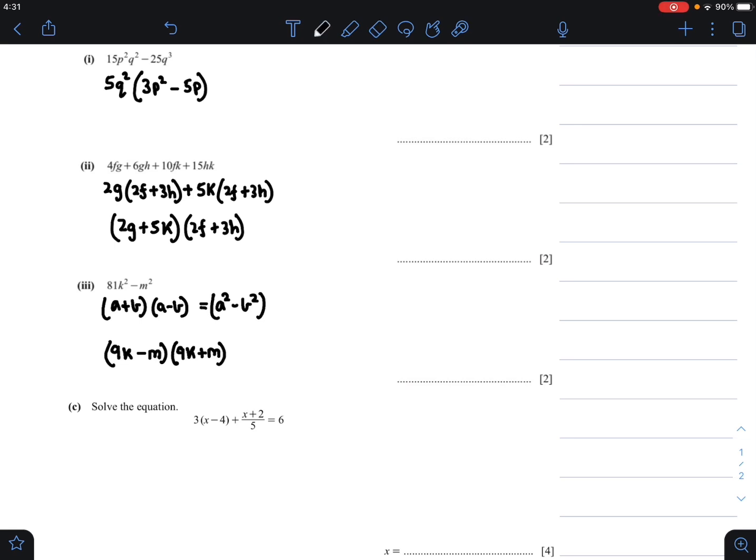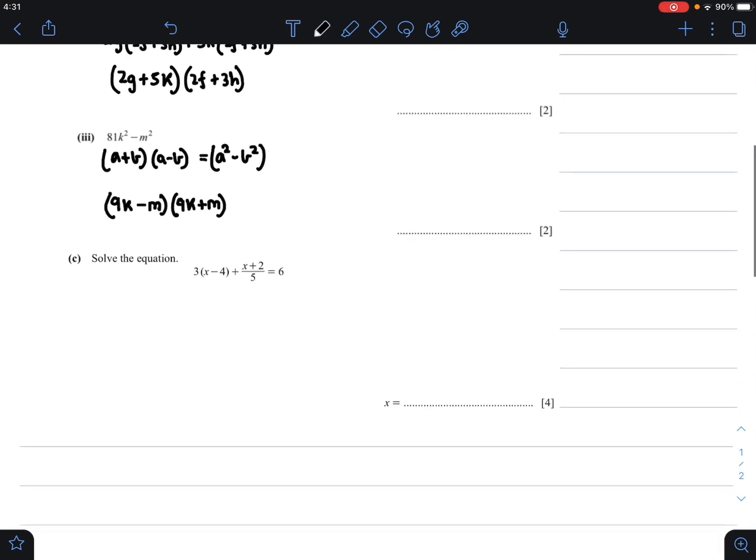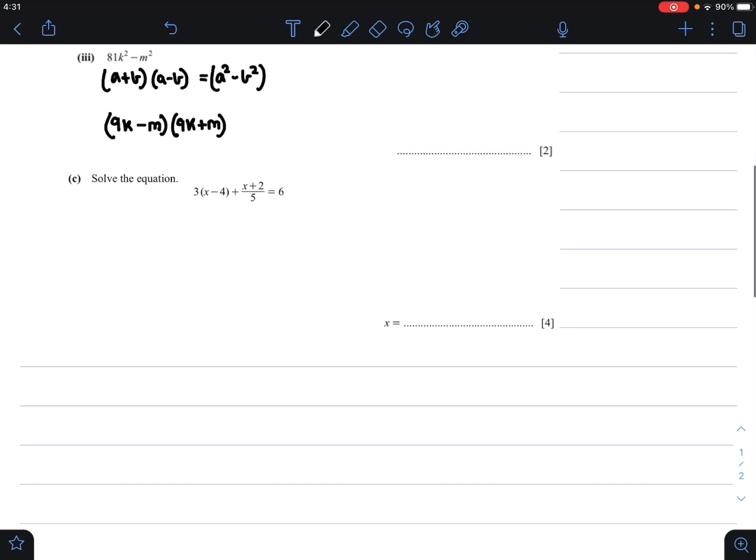Now let's move to part C of this question. For part C, we have to solve the equation for x. Let's expand the brackets first. 3 multiplied by x is 3x, and 3 multiplied by minus 4 is minus 12, plus x plus 2, the whole thing divided by 5, which is equal to x.